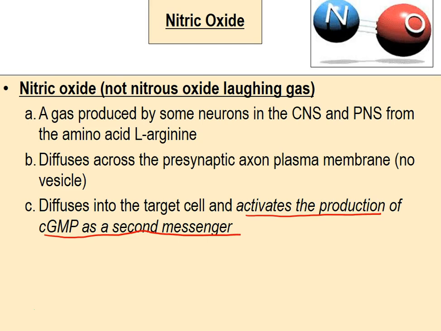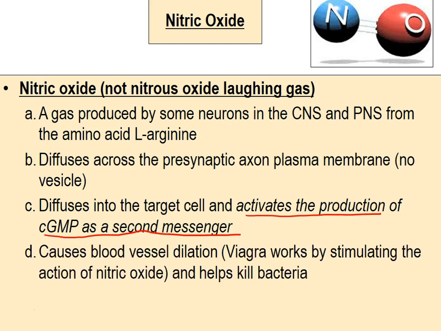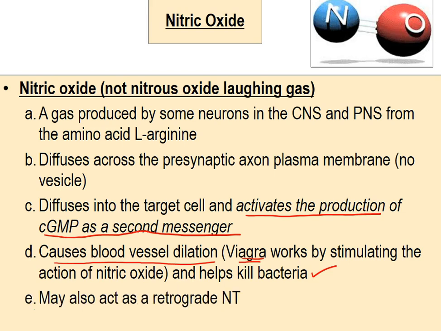Cyclic GMP causes blood vessel dilation. The drug Viagra works by stimulating the action of nitric oxide because it prevents the breakdown of cyclic GMP. Nitric oxide also has been found to help kill bacteria. It also acts as a retrograde neurotransmitter, so it can go from the postsynaptic to the presynaptic cell, or from the presynaptic to the postsynaptic cell.